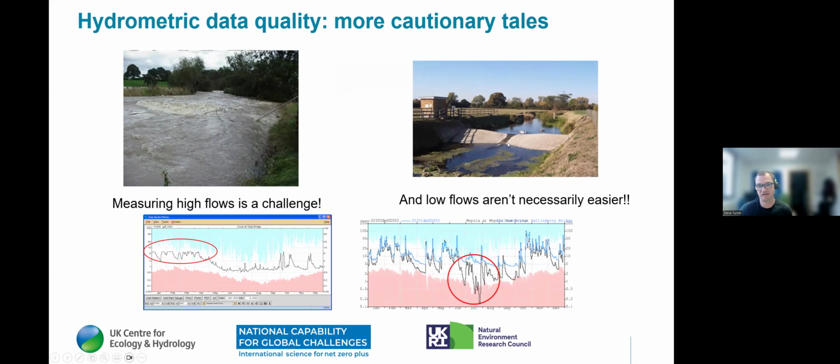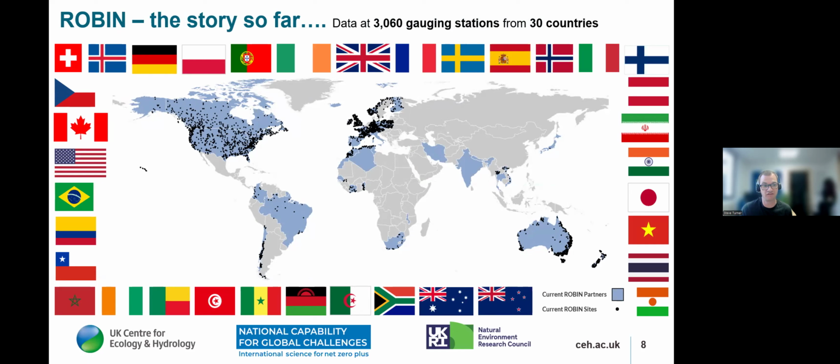We've got about 30 countries involved, and also about 60 people, because it's not just all about the data. We've built a network of data, but also a network of people who are interested in this.